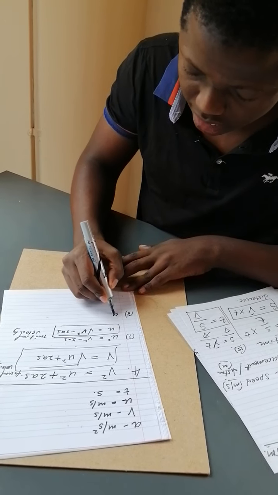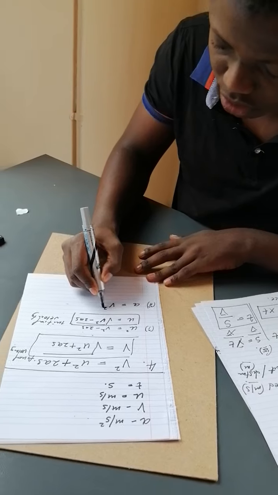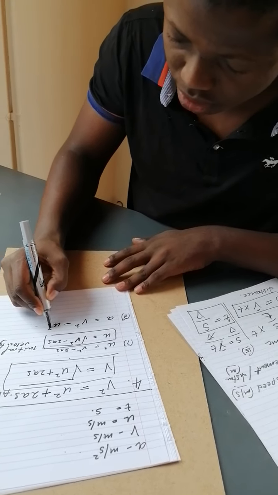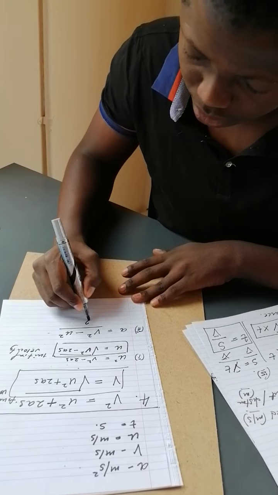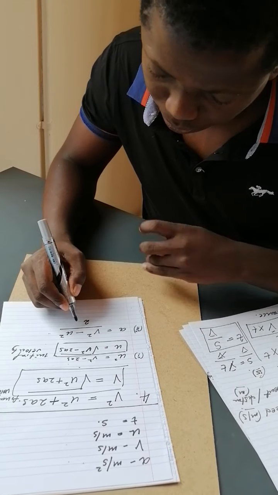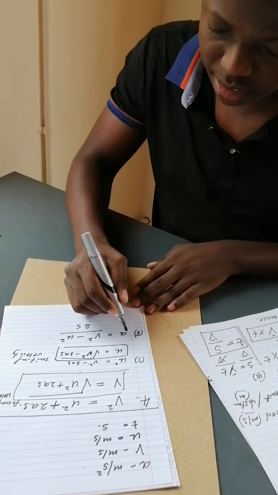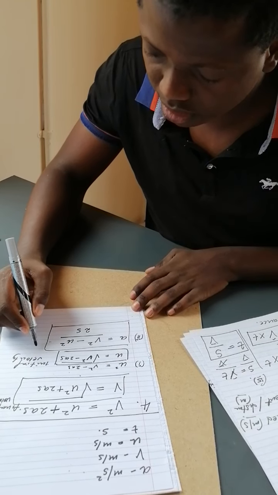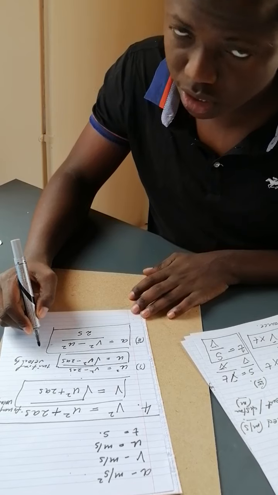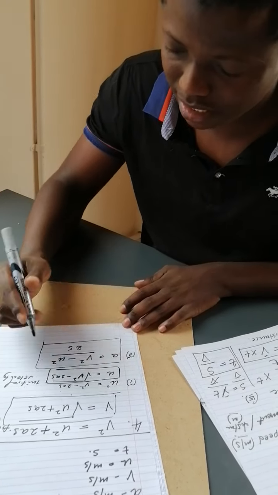You can also say acceleration is final velocity squared minus initial velocity squared divided by 2S, okay? Remember, A is acceleration, V is final velocity, U is initial velocity, and S is displacement.